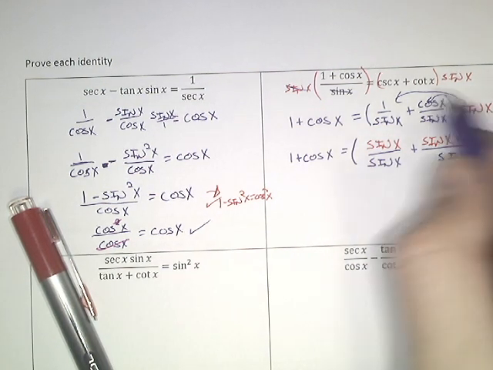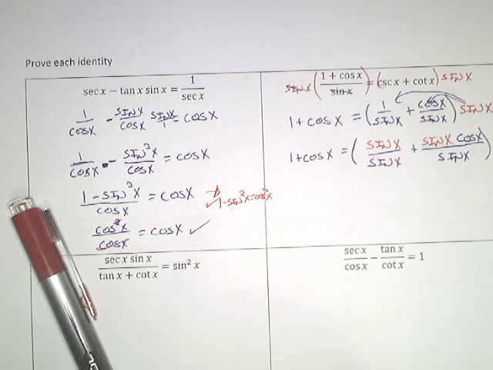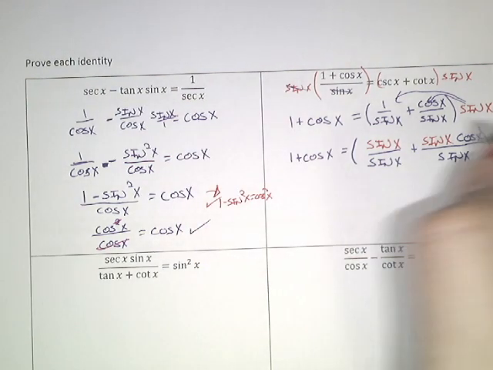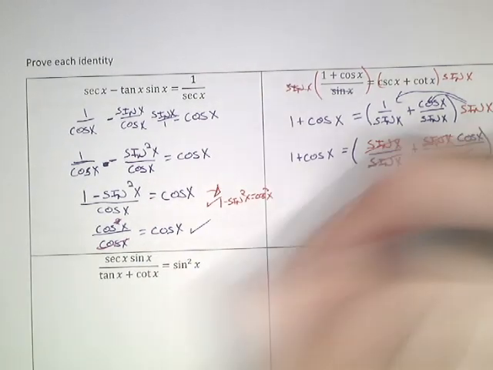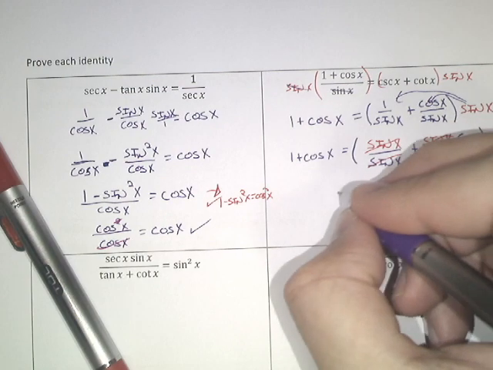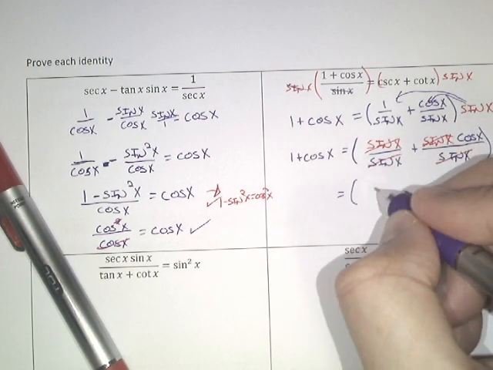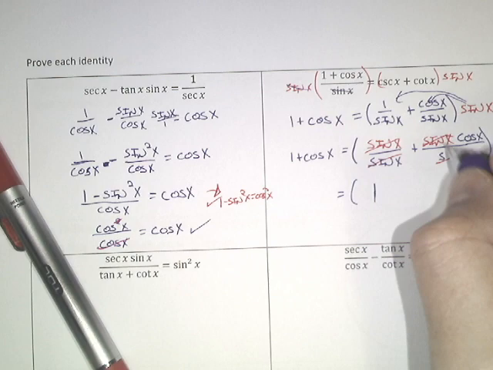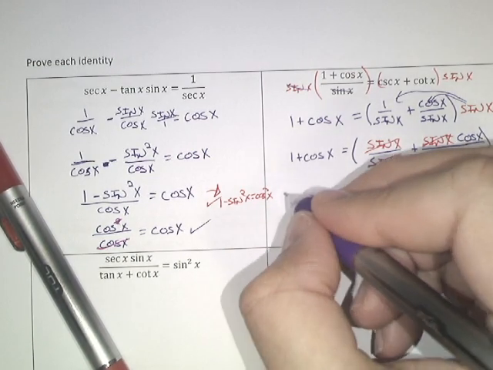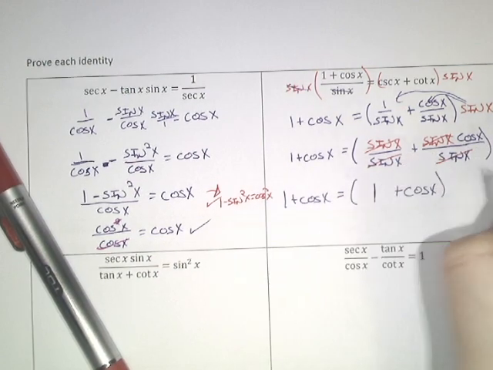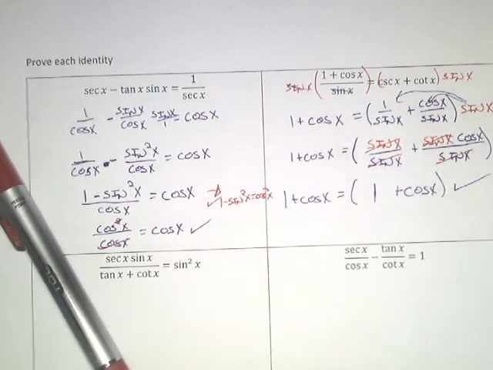So I just distribute this to that fraction and to that fraction. These have the same denominator. We could combine them, but I think I'm going to leave them separate because sine x cancels out sine x here, and sine x cancels out sine x here. So sine x divided by sine x is 1. And then this canceled out, so that leaves us with cosine x on this side, which is exactly what we have over here. And so we are done.